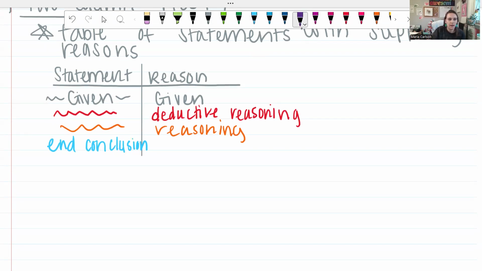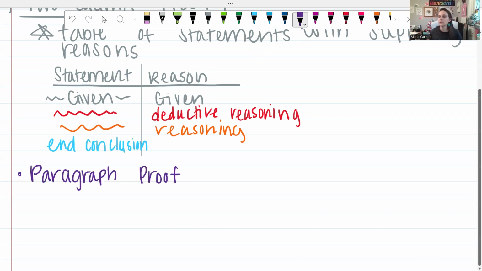We also have a paragraph proof. And you could turn a two-column proof into a paragraph proof. A paragraph proof, the main difference is that it uses complete sentences.